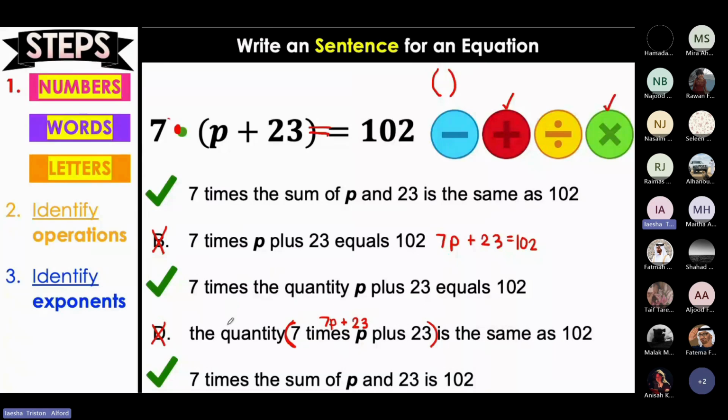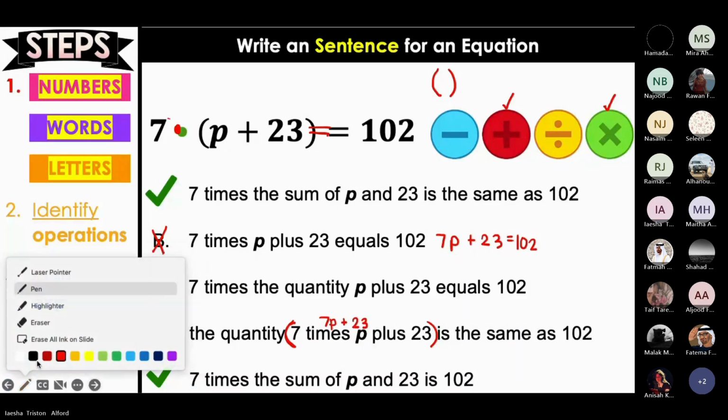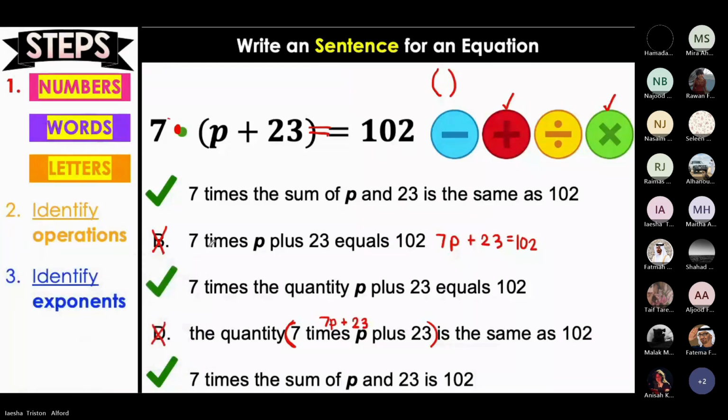But the other 3, they all mean the equation that you have at the top. It has parentheses word, it has add word, it has multiply, and it has equal. So this one is your multiply. What is the meaning of sum of? Anybody? Sum of?